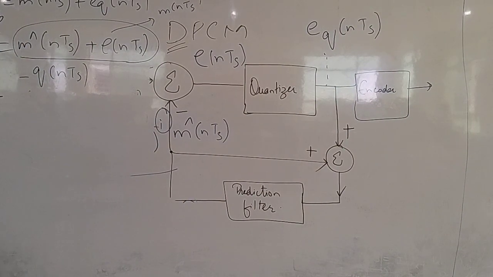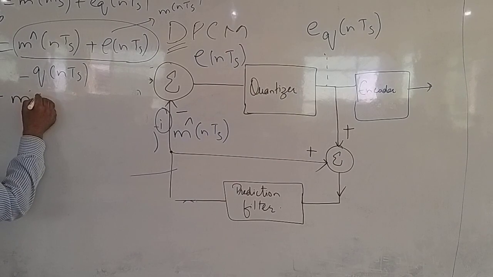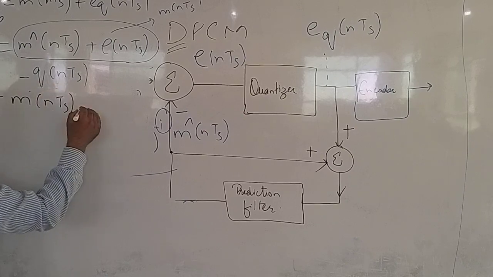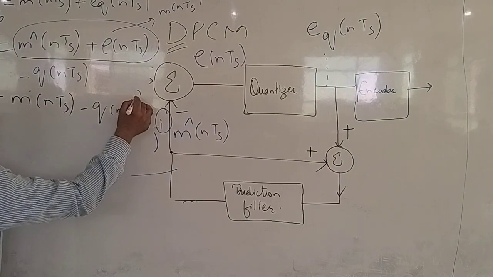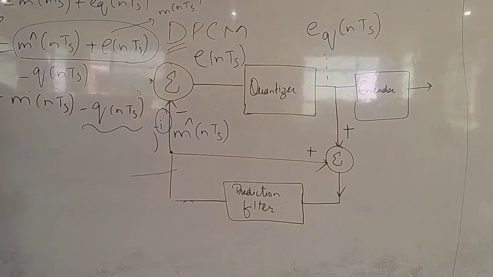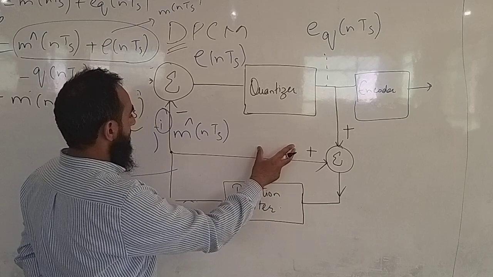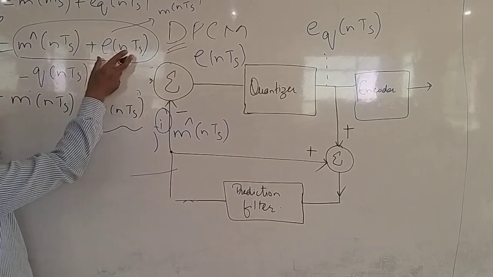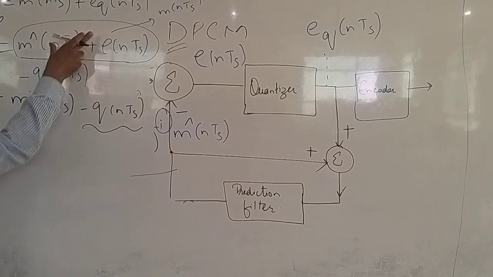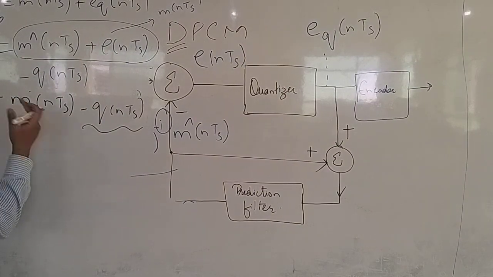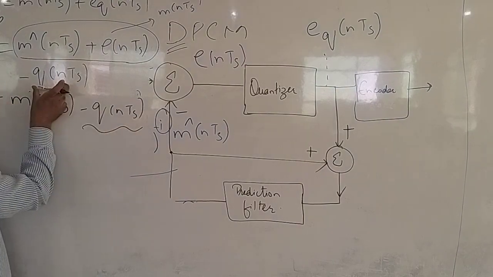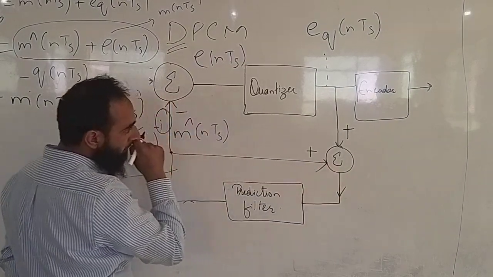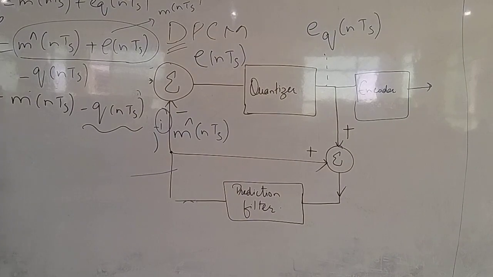Therefore, input to prediction filter is, please let me conclude. Input to prediction filter is m of nt of s minus q of nt of s. And we know that this, eyes on board please. Therefore, input to prediction filter is m cap of nt of s plus e of nt of s. हमने देखा कि ये दो टर्म बराबर होते हैं m of nt of s from equation 1 minus q of nt of s, which is quantization error.